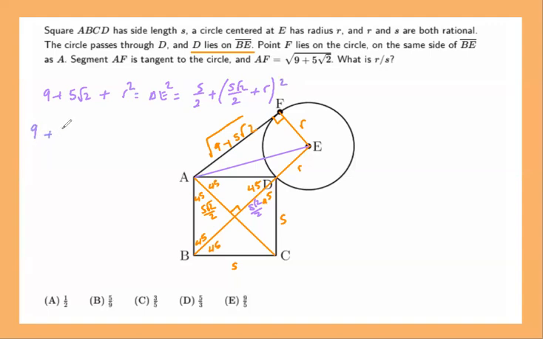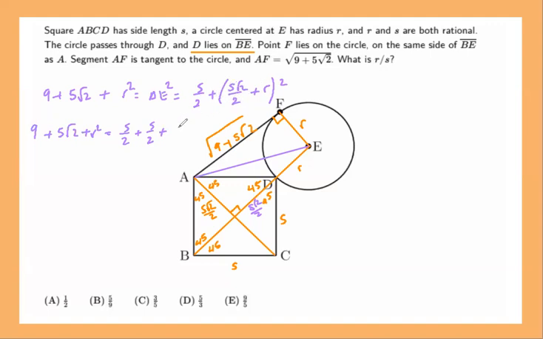So 9 plus 5 root 2 plus R squared equals S squared over 2, and if you expand this guy, it's a squared binomial. You take the square of this, which would be S squared over 2 as well, plus 2 times the product of these two. If you multiply this by R and then double it, this 2 and that 2 cancel.